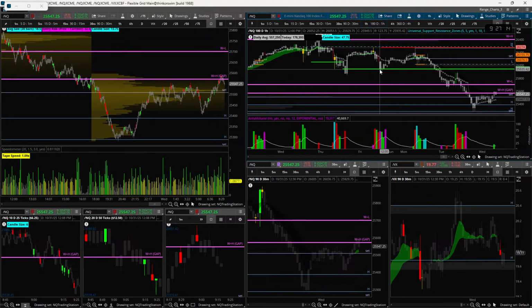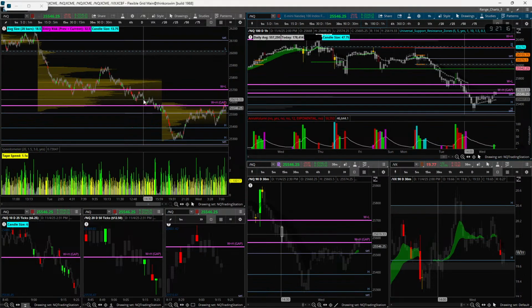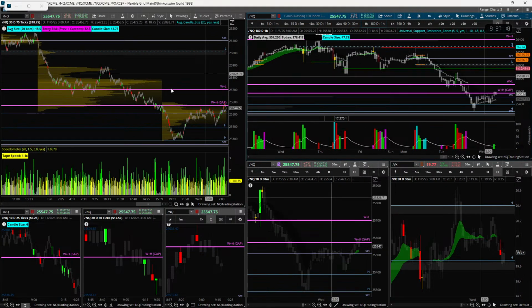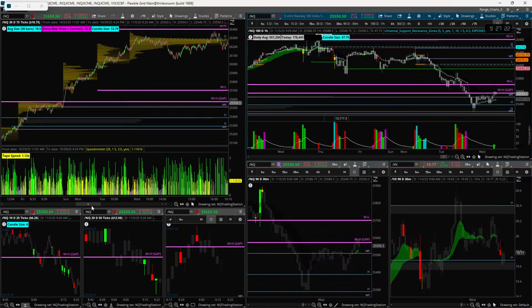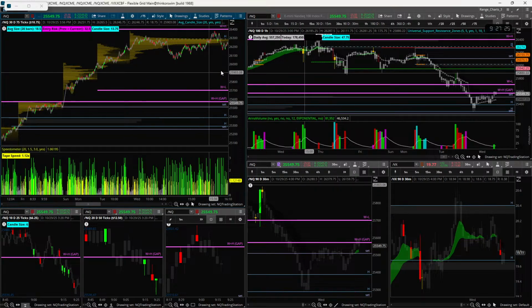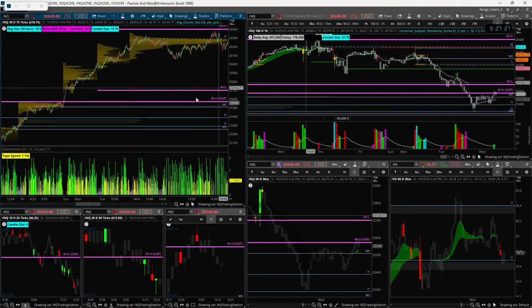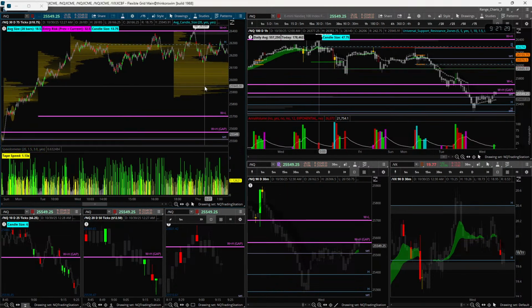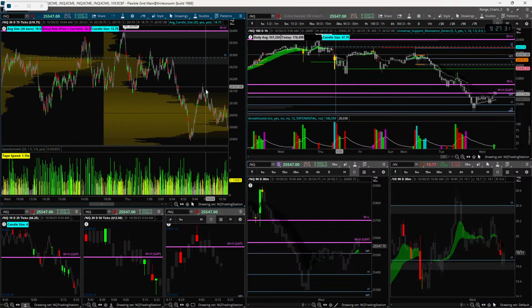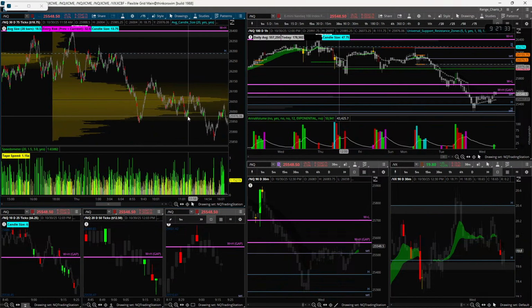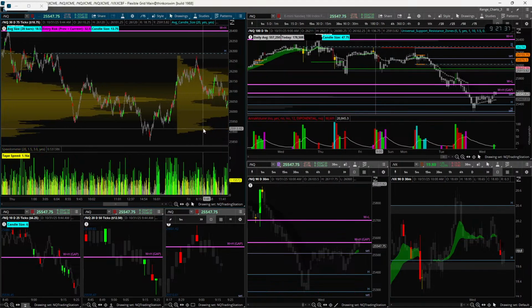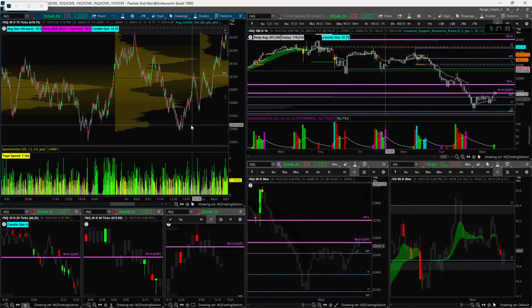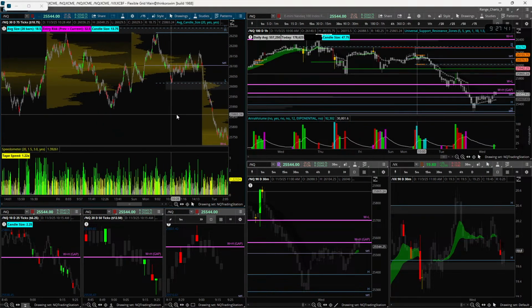That 1 hour level probably had some volume. While I was paying attention, I probably would have seen that. There was volume there. Right here's some volume, a little bit of volume here. So there likely was something there.